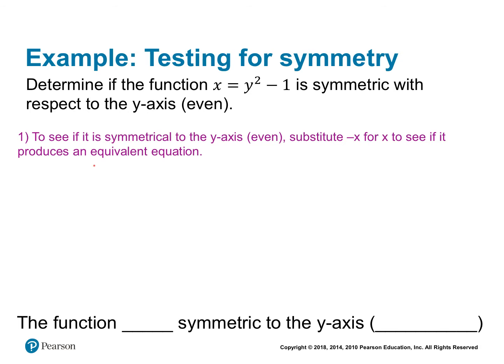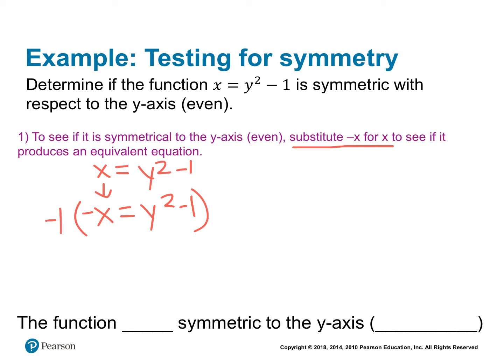So if I take my original and substitute negative x for the x, does it match the original? Well, to me, that looks like it doesn't match. You could even rearrange this. You could multiply this by -1 to see if you end up getting x equals the same thing.